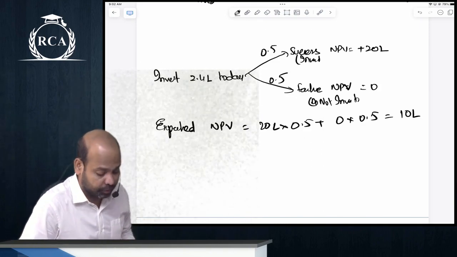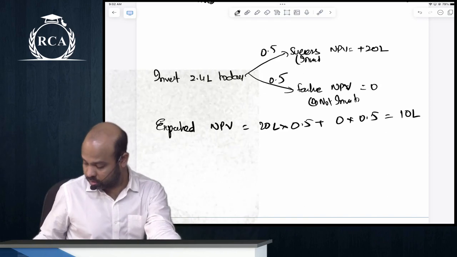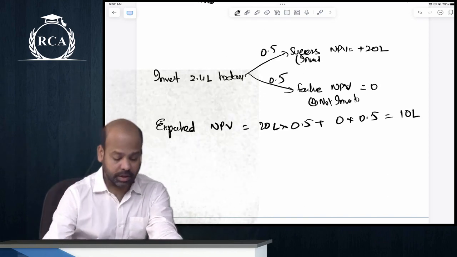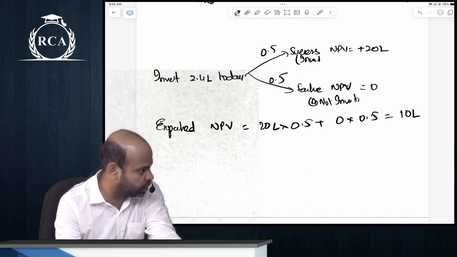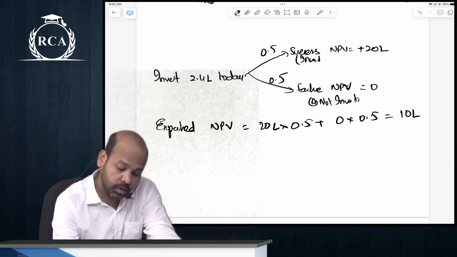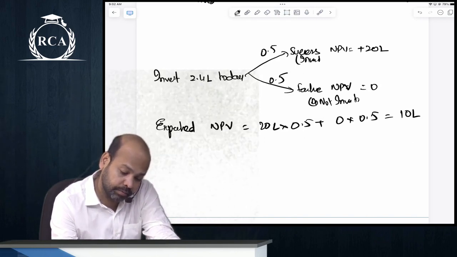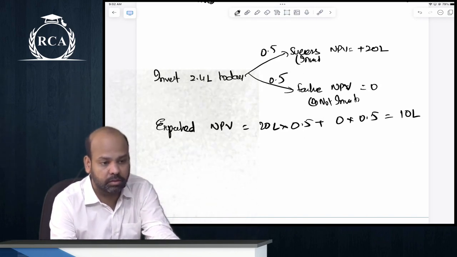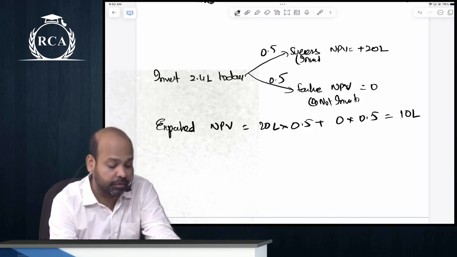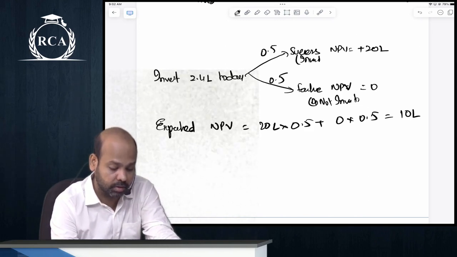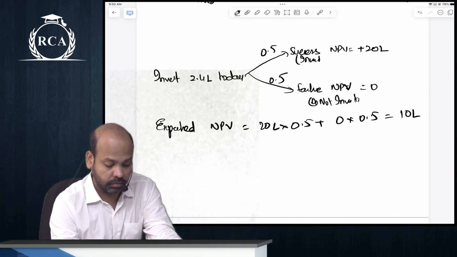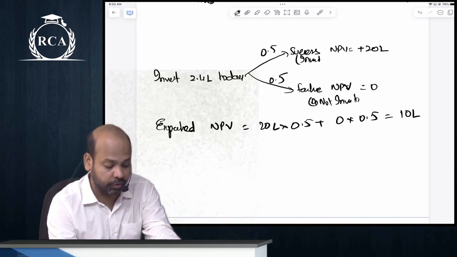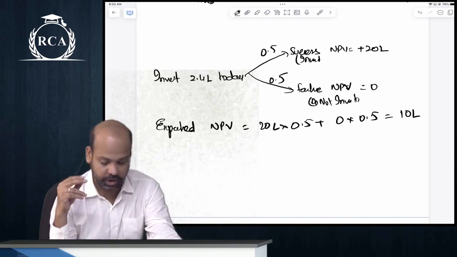Final conclusion, therefore, क्या बेटा? We should invest in the pilot project. We should invest 2.4 lakhs in the pilot project.